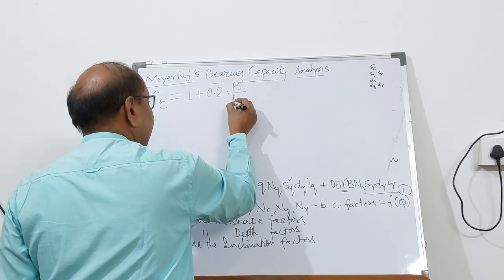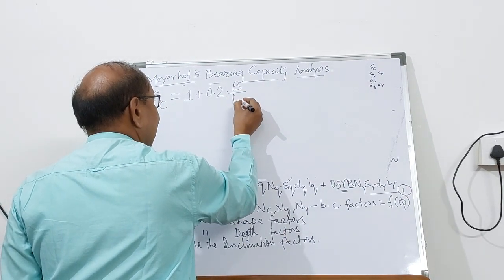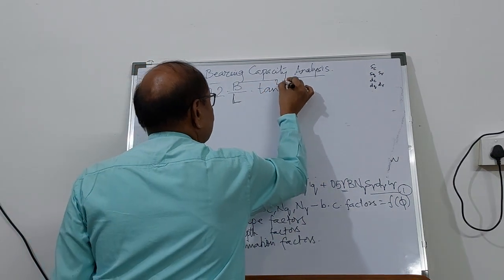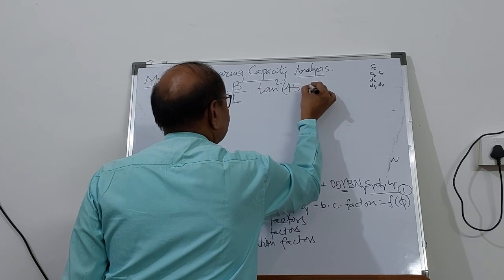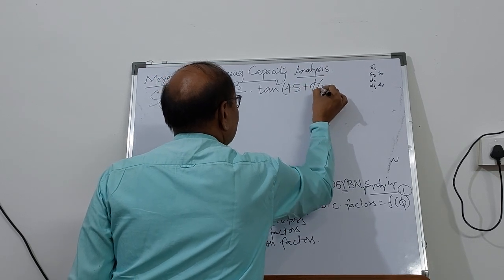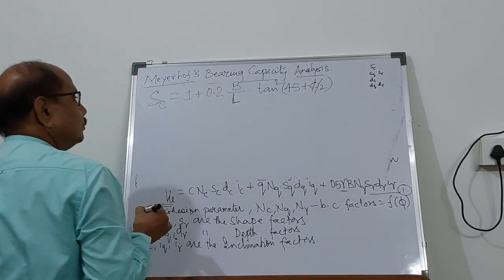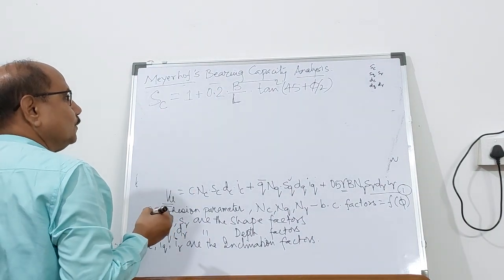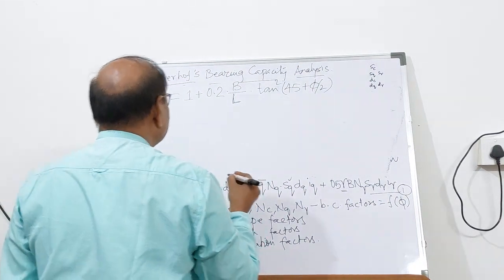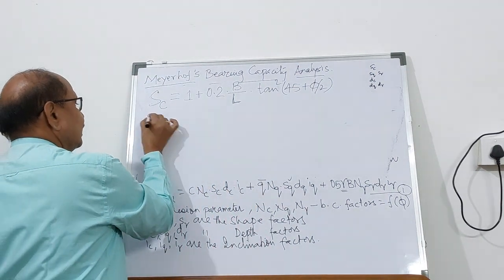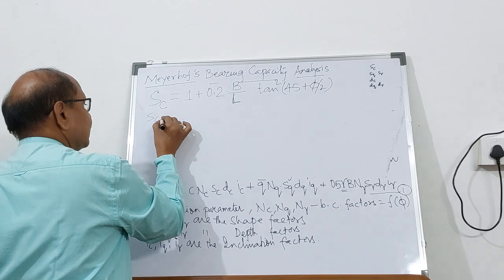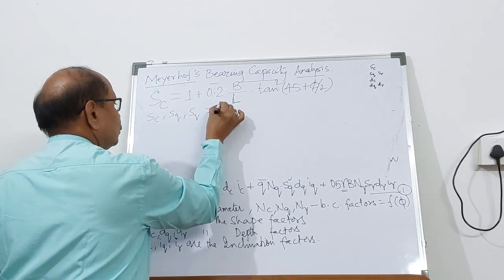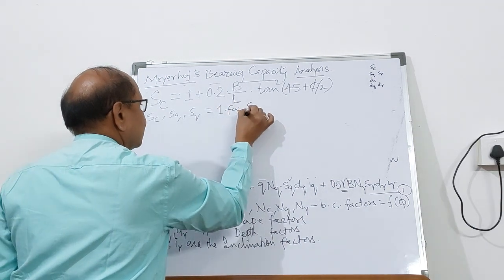Otherwise, if it is a rectangular footing, B by L into tan square (45 plus phi by 2). So you can use this. And if it is a strip footing, then Sc, Sq, S gamma equal to 1 for strip footing.